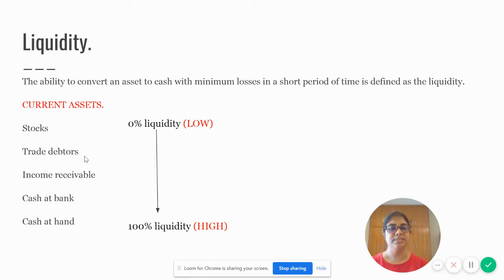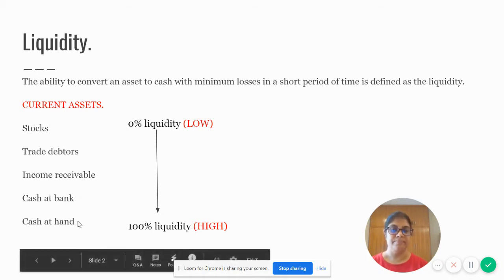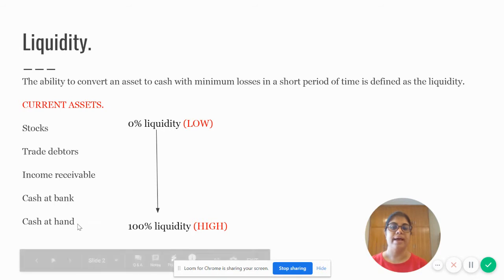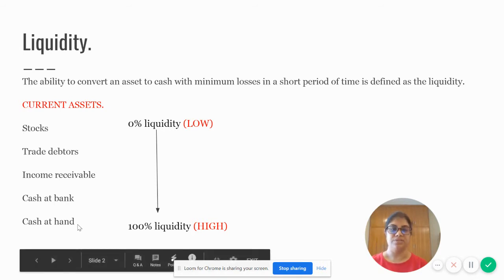Then the trade debtors, which have a little higher liquidity compared to the stocks, then the income receivables, which is a new element to you, which I will be discussing in my next videos, and cash at bank and cash at hand. Cash at hand means already cash. Their liquidity is 100%, so cash has a very high liquidity position.